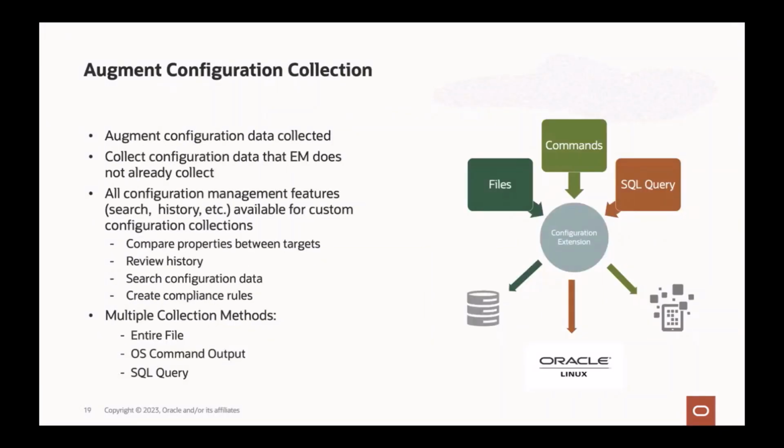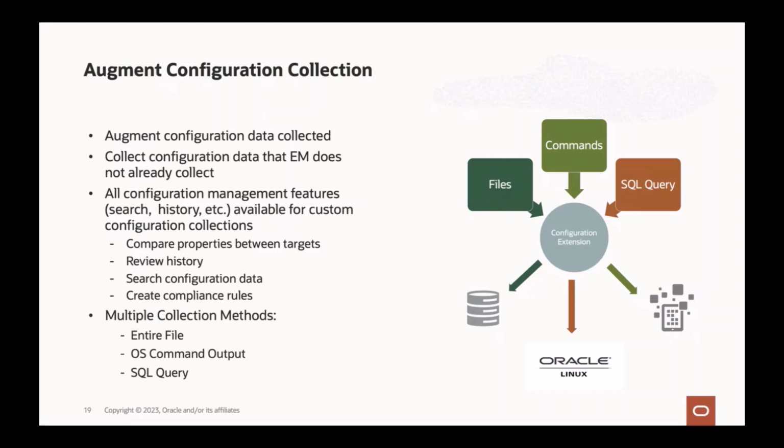Let's look at configuration collections. EM collects comprehensive configuration metrics. If you want to collect any custom configuration metrics, EM provides a capability called configuration extensions for custom data collections.